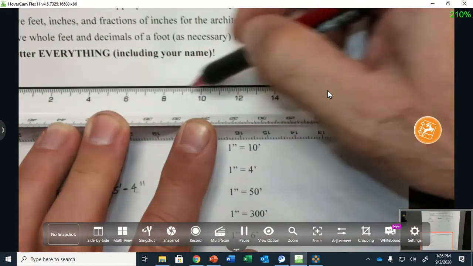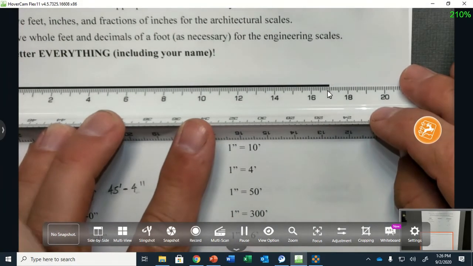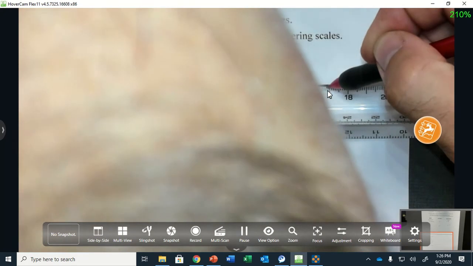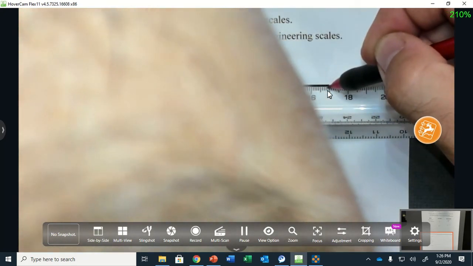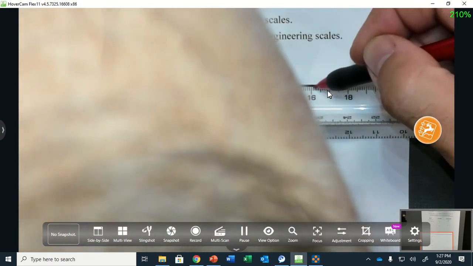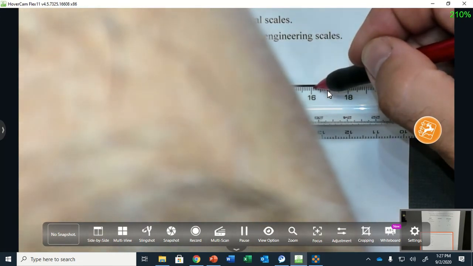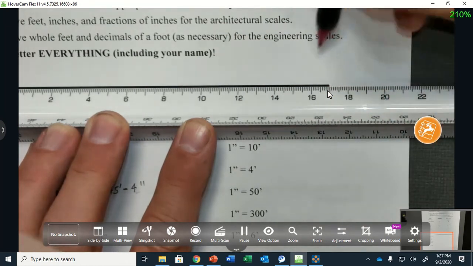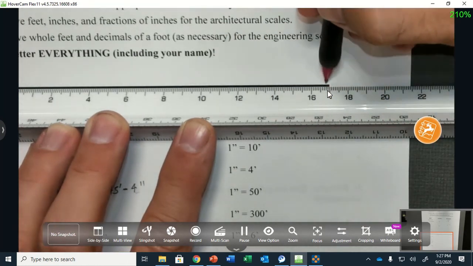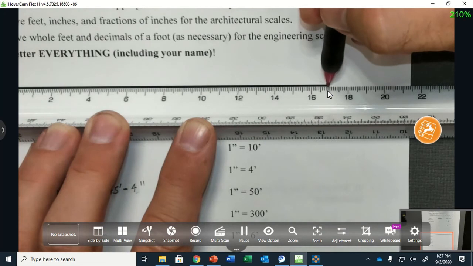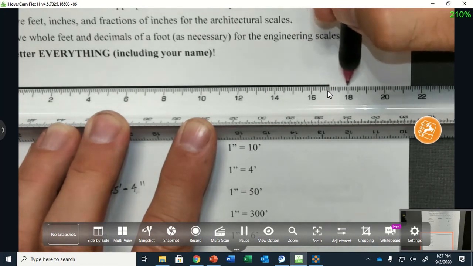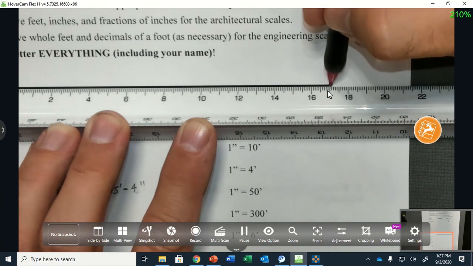So each tick mark is 10 feet. So I'm between, so this is 1,690, right? 100, 200, 300, 400. Maybe if I do this, will that help? There, maybe. So yeah, this is 9 tick marks over from 16, and 1,700.